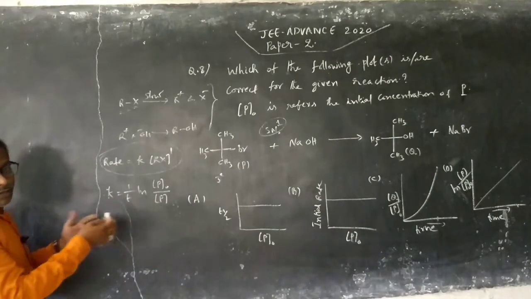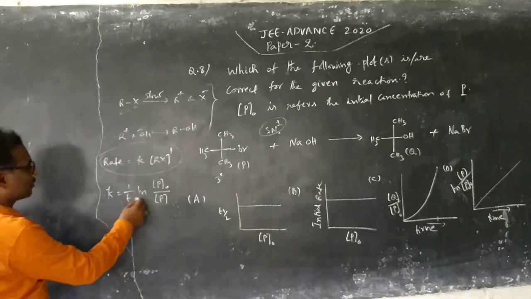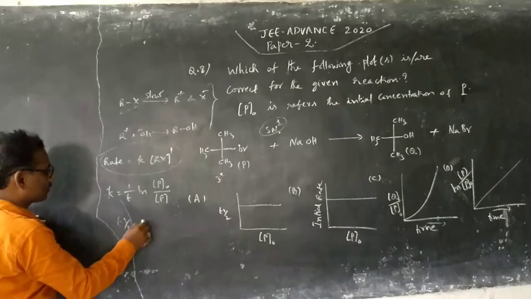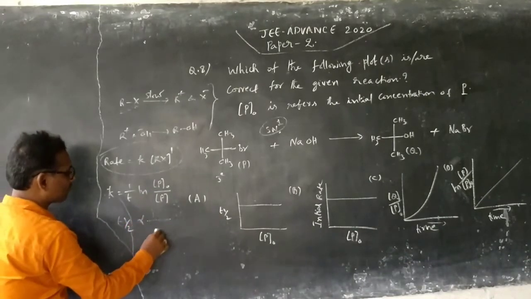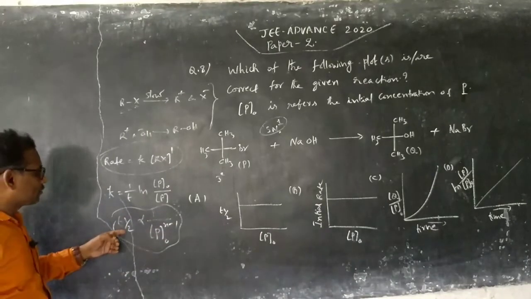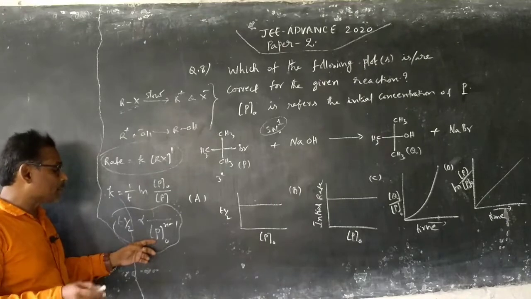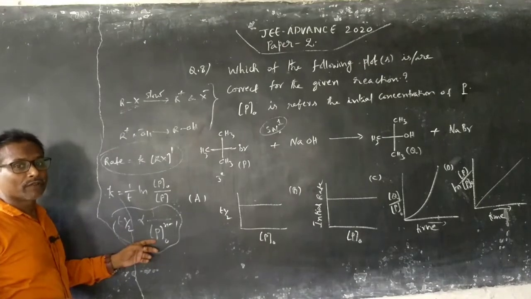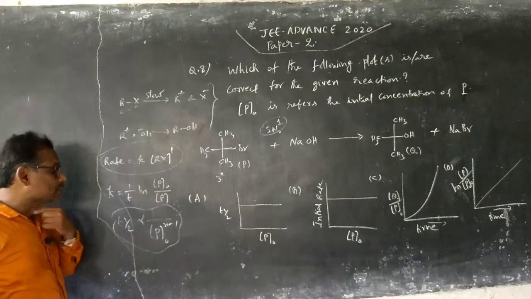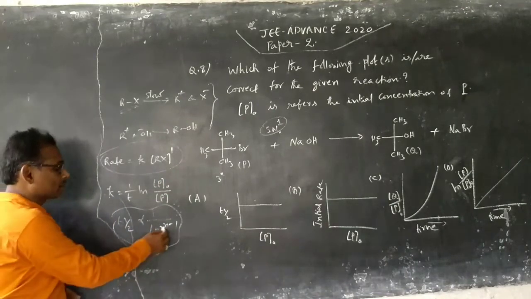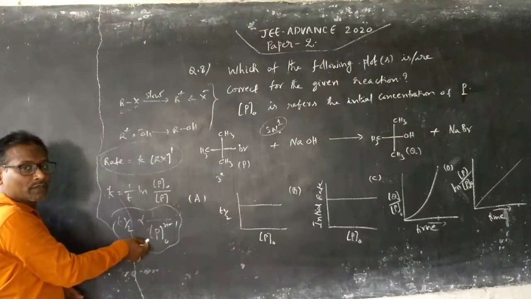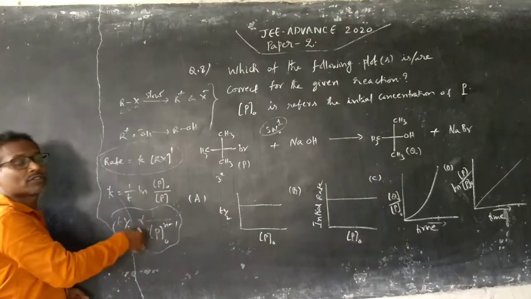When you take t equal to t half, you get the relation between half-life and initial concentration of the reactant for different orders of reaction, where n is the order of reaction. As it is a first order reaction, if you place n equal to 1, then the power is 1 minus n equals 0. That means half-life is independent of P naught. Only in a first order reaction is half-life independent of the initial concentration.